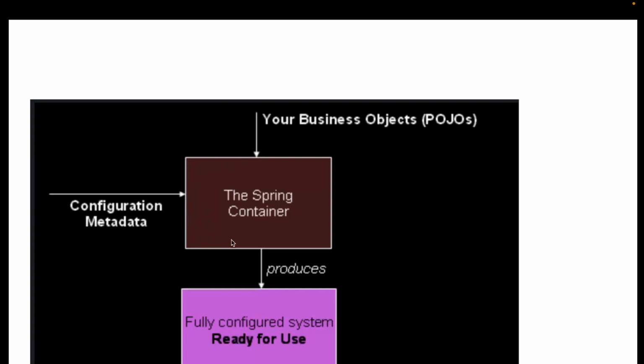The Spring container takes this information and produces a fully configured system which is ready for use. Your Java objects, or business objects, are managed by the Spring container, and these are also called Spring Beans. Your Spring Beans are managed by the Spring container and are now ready for use.